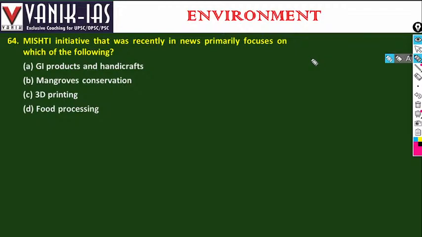MIST initiative that was recently in news primarily focuses on which of the following? GI products and handicrafts, mangrove conservation, 3D printing, food processing.